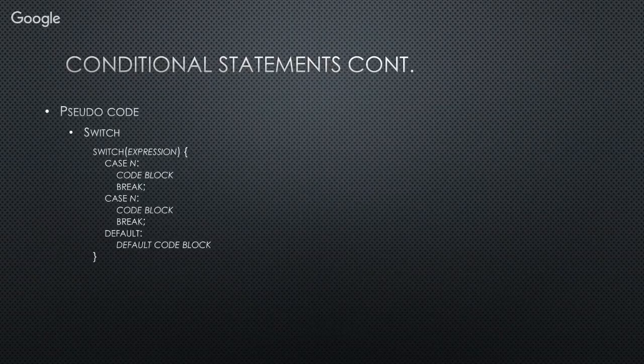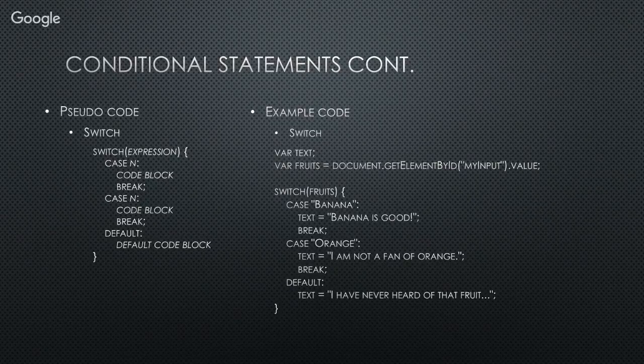The switch statement is where you pass in an expression or a condition, and then it checks it against all the cases. In this example, you're going to pass in fruits, and if the fruit is equal to the string banana, then text is equal to banana is good, or orange.